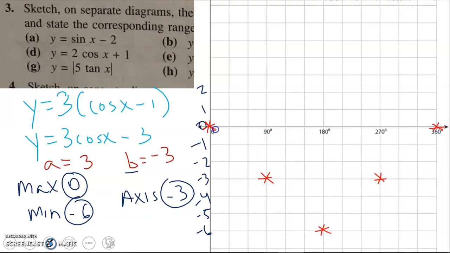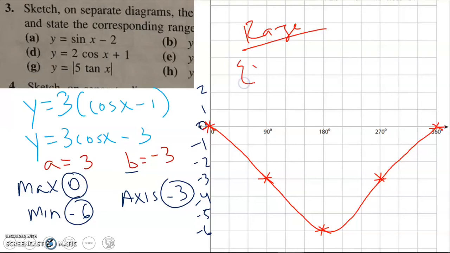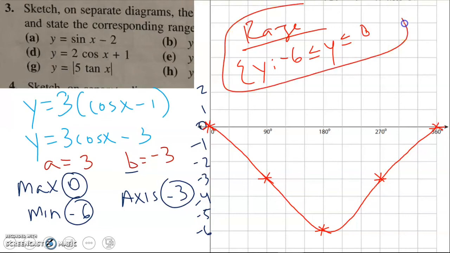Okay, so here's how it should generally look. Your range of this, again, just take a look. Your lowest point would be at -6, and your highest point is at 0. Okay, so there's your range.